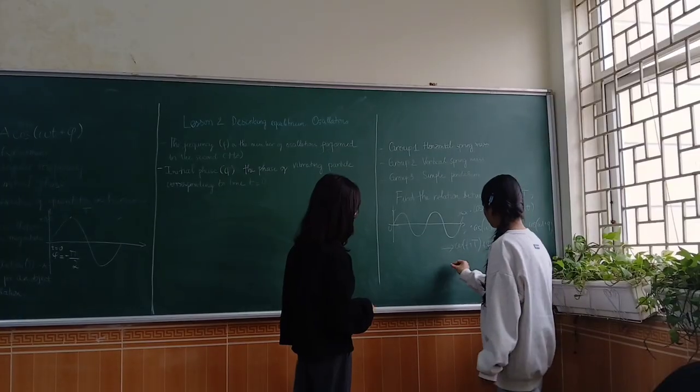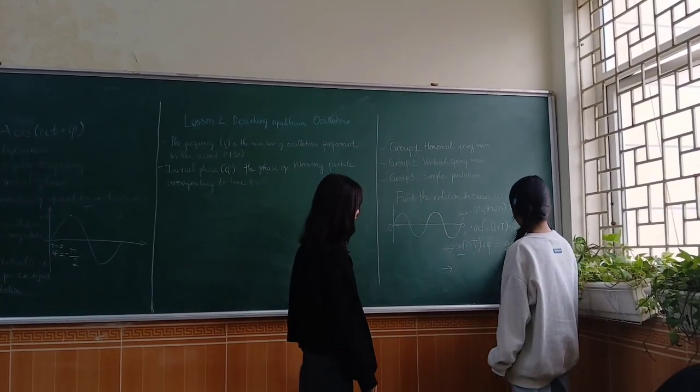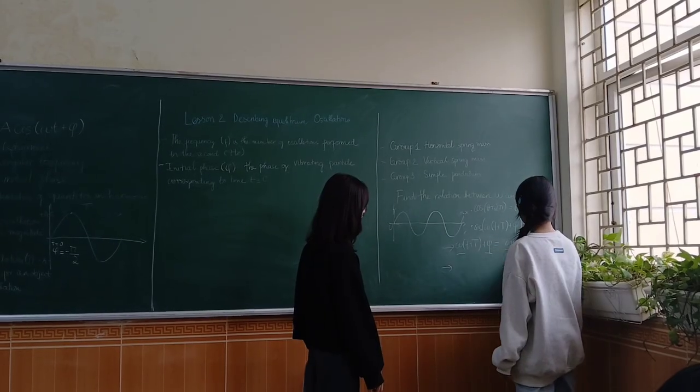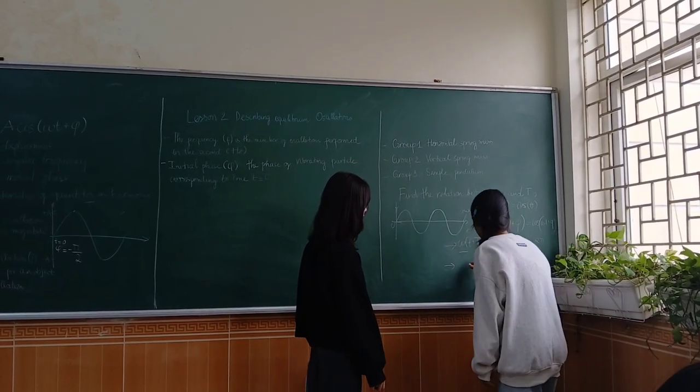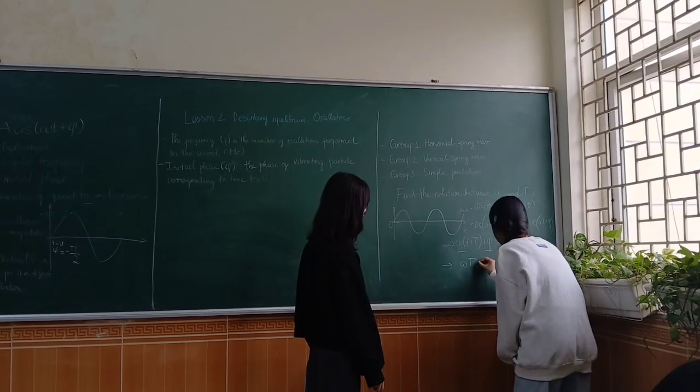From this we remove omega t, and we can conclude that omega T is equal to 2 pi.